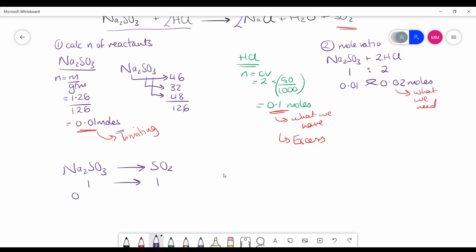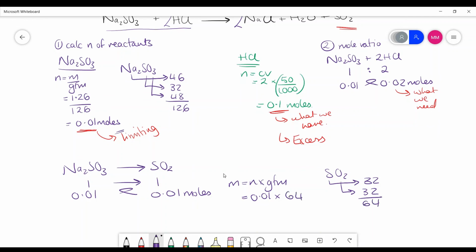We actually only have 0.01 moles, so we will have 0.01 moles of sulfur dioxide. We can work out the mass using the number of moles times the gram formula mass. Our number of moles is 0.01, and our gram formula mass we can calculate using our relative atomic masses. And that will then give us a final answer of 0.64 grams. So that's our final answer for this question.